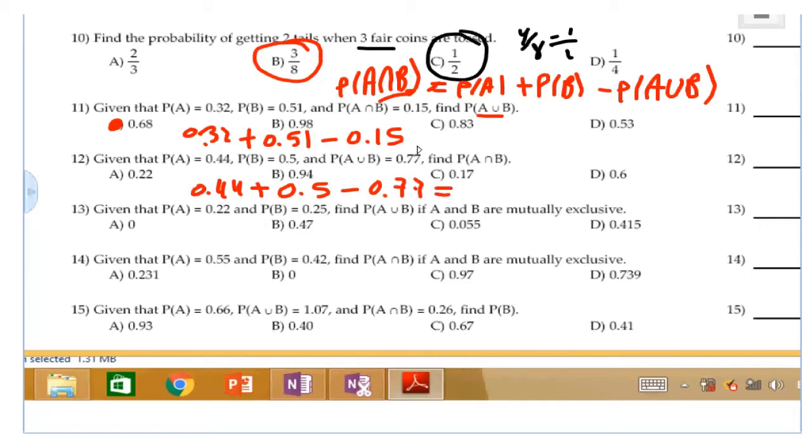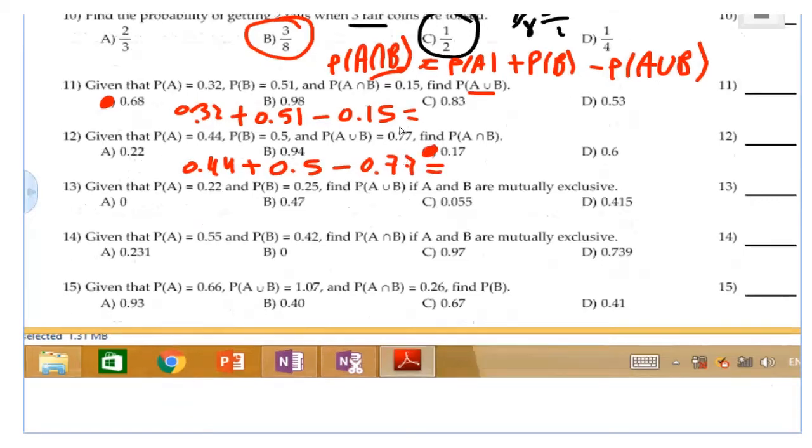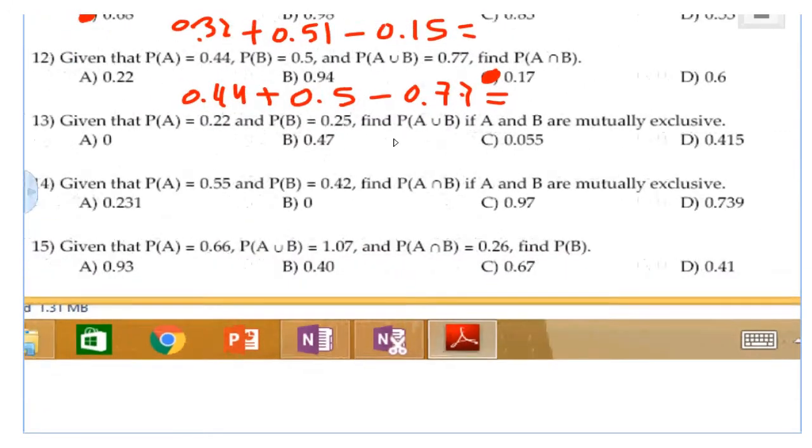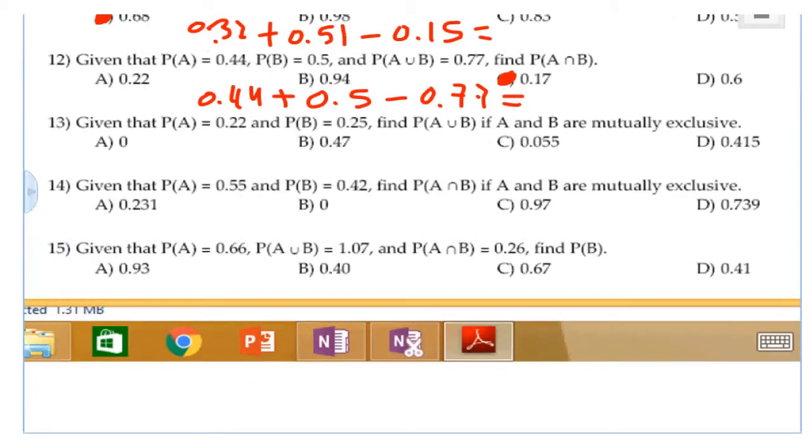The answer is 0.17. Now, something called mutually exclusive. Mutually exclusive means that there is no intersection between A and B. Probability of A is 0.22, probability of B is 0.25. And the union, in case of mutually exclusive, means that A intersect B is equal to what?